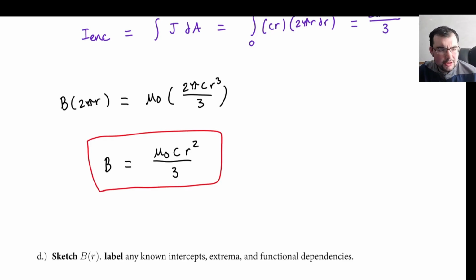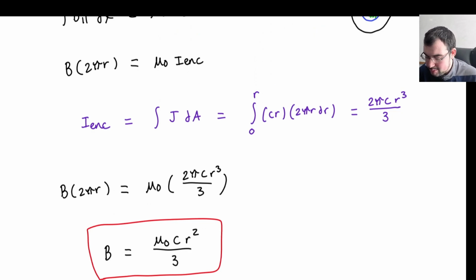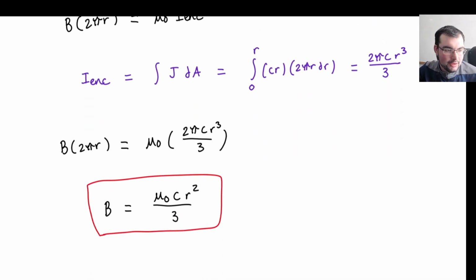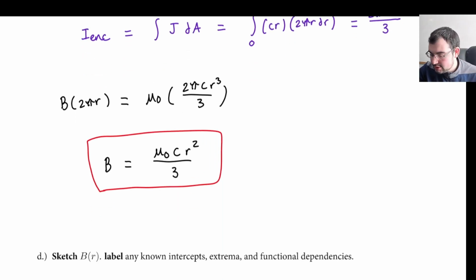So again, we can make sure that this makes sense, right? This follows my E field theorem for Gauss's law. I claimed that when the density function is proportional to a power of r, the field inside is 1 greater. So you have a linear current density, so you have a quadratic field inside. We can also check for continuity.